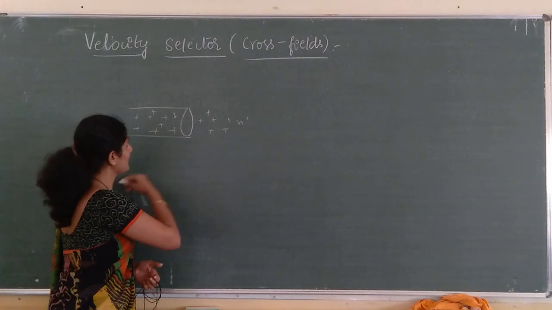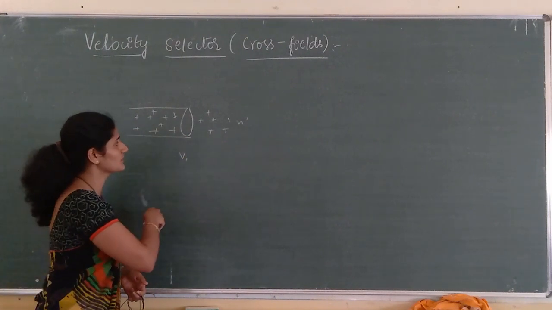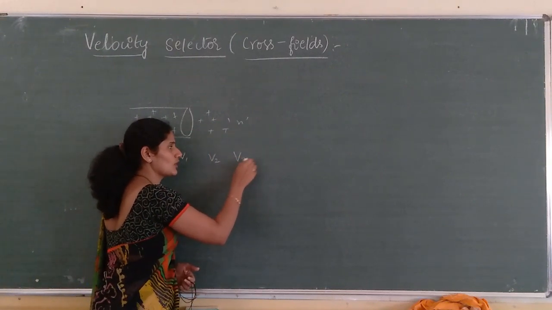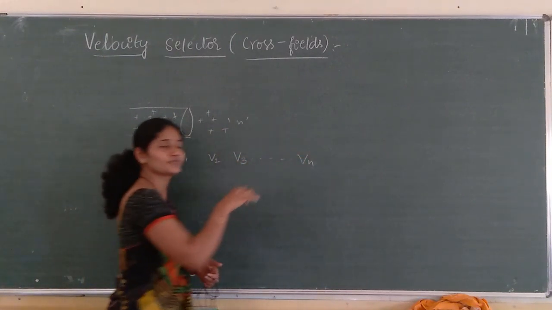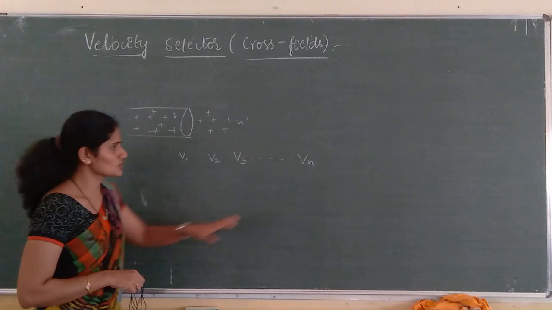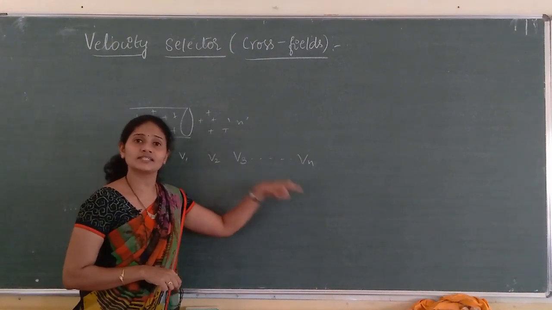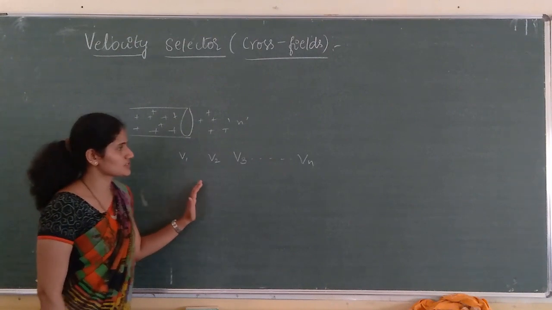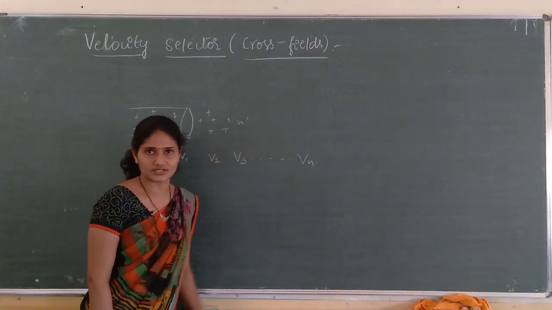One particle is traveling with the velocity v1, another with the velocity v2, third with the velocity v3, and so on up to vn, the velocity of the nth charge. So different particles are traveling with different velocities.